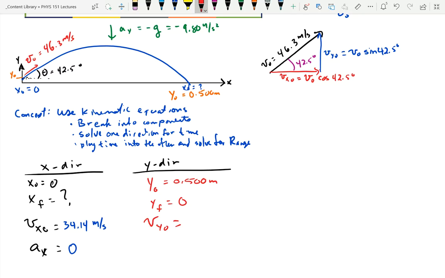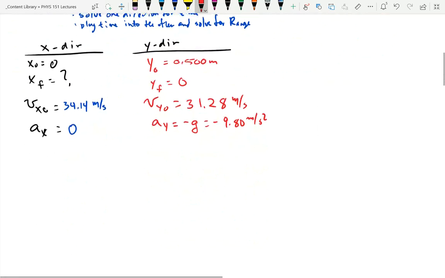Vy initial from that equation up there. What do we have for Vy initial? Yes. 31.28 meters per second. And what's ay equal to? So there I have my x and y data separated.